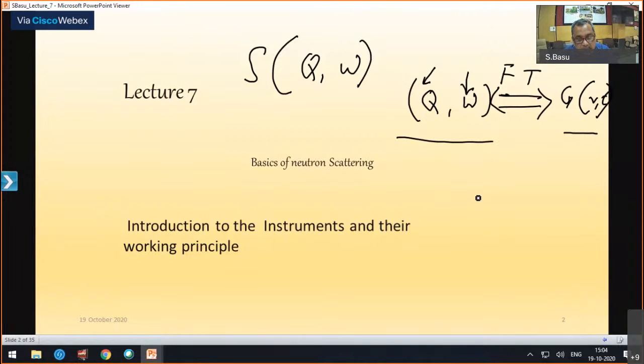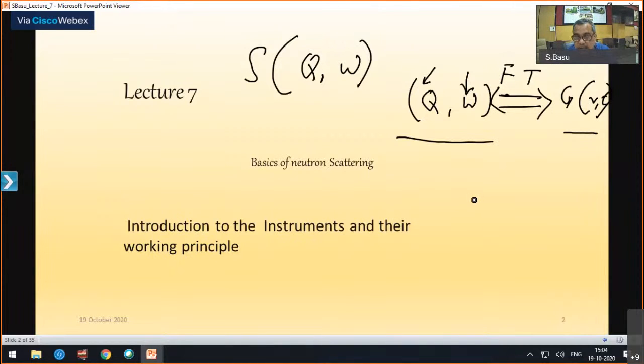The basic principles are similar. This lecture will mostly focus on work being done, or the way it can be done, in a reactor source. These are known as continuous sources. So in general, we use monochromatic neutrons. That means we monochromatize a neutron and use them.